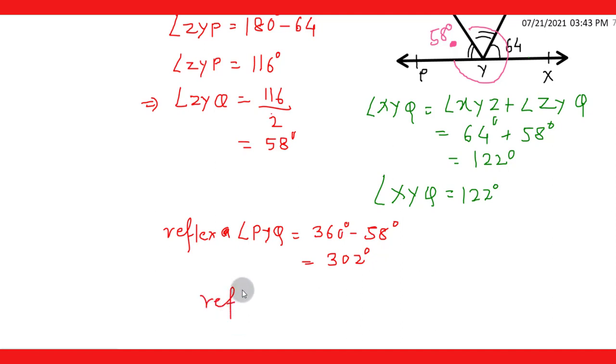So write the answer at the end, that reflex angle PYQ is equal to 302 degrees, and highlight this answer because this is the second important step of this question. So friends, here we have solved two very important questions.